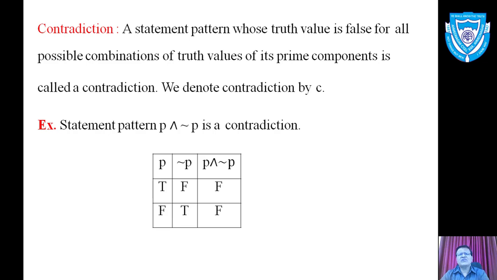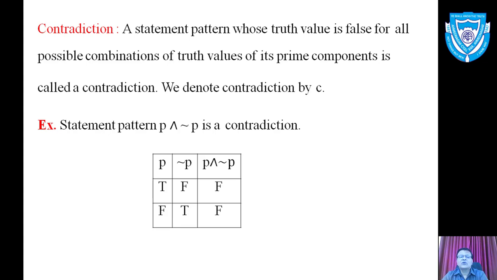Let me explain what a contradiction is with the help of this example. The example is P and negation P, and this is the truth table for P and negation P. We observe that P and negation P is false in each of the possible cases. P may be true or P may be false. Whatever may be the truth value of P, P and negation P is false. Therefore, P and negation P is a contradiction.